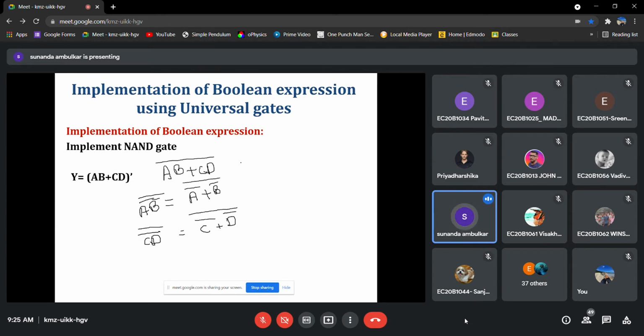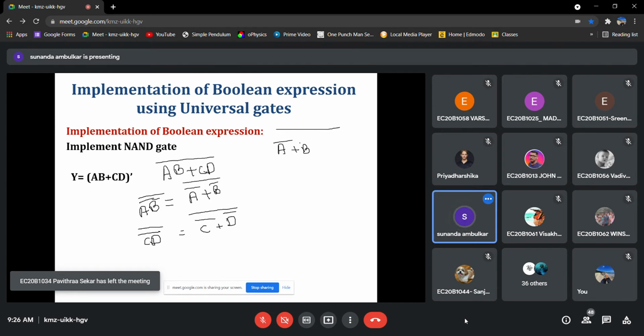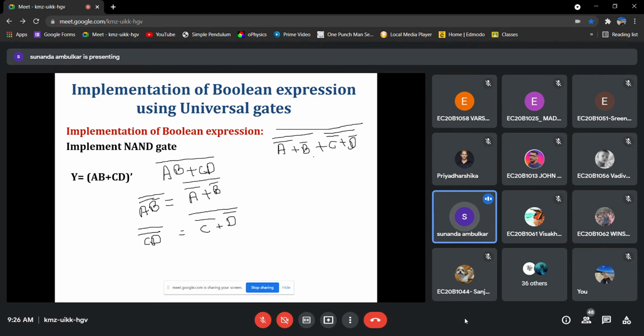So what we got here: this was the expression, and inside it we got A bar B bar plus C bar D bar. Now tell me how many NAND gates are required.